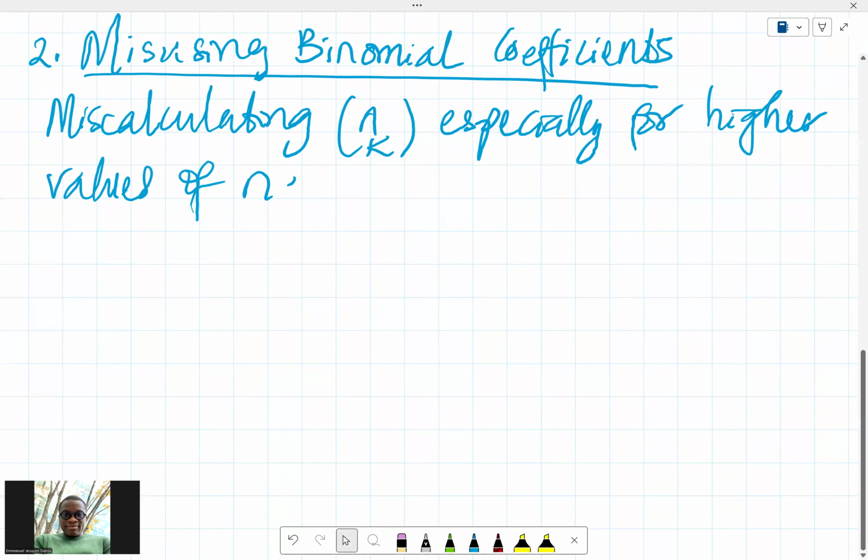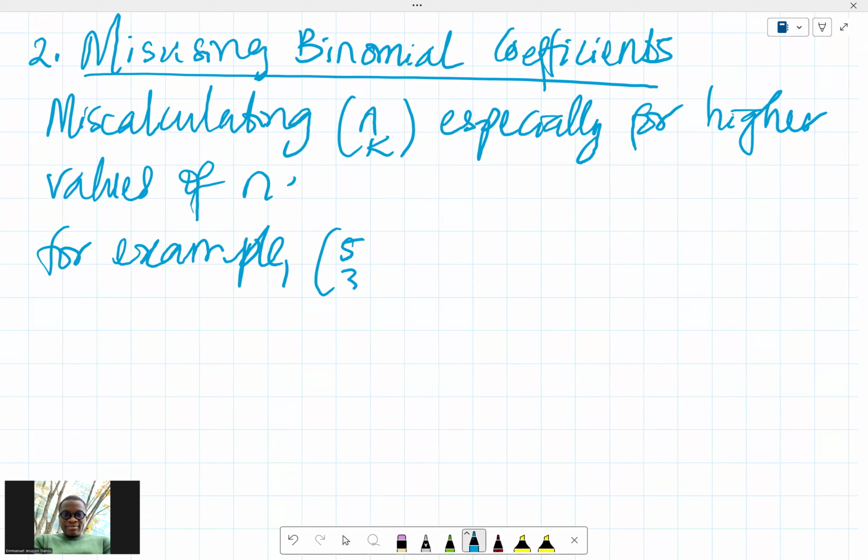Okay. So for example, 5 combination 3 is actually 5 factorial divided by 3 factorial times 2 factorial, and that will give us 10.